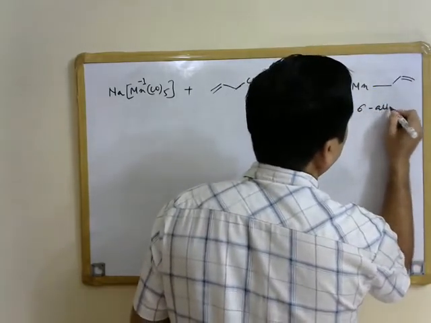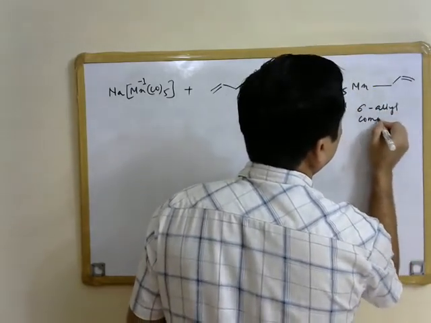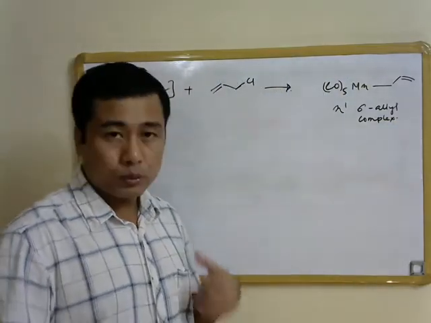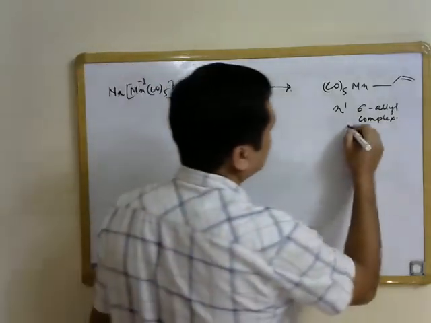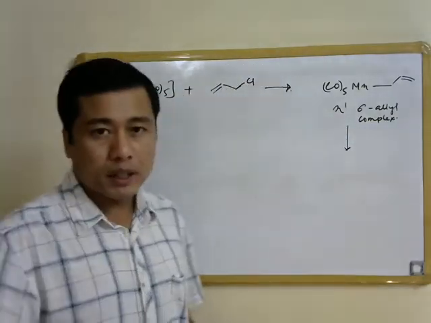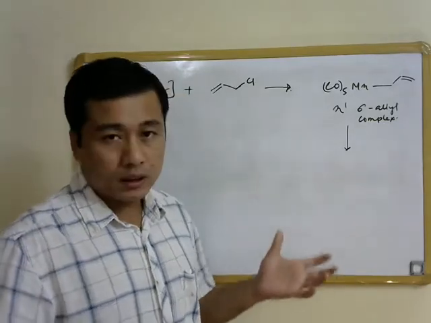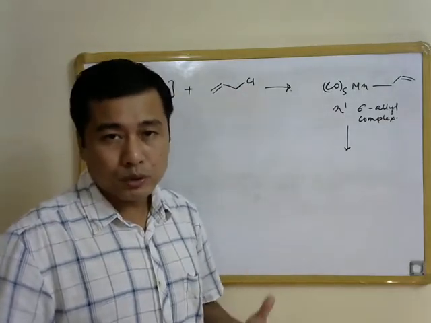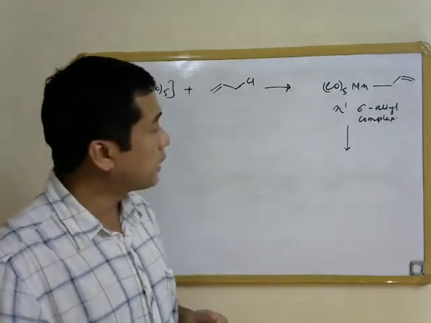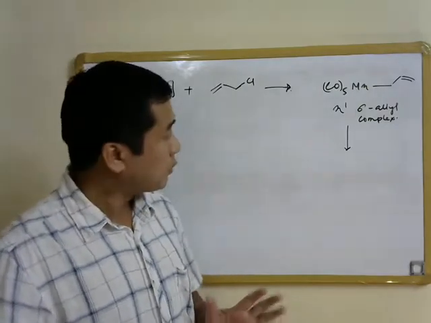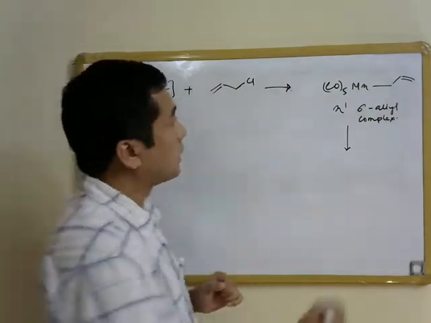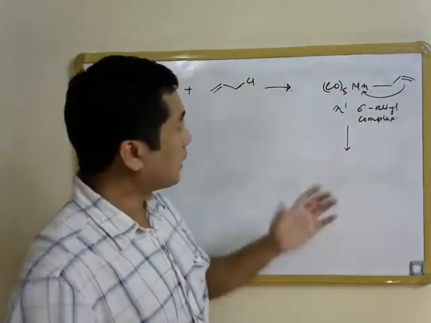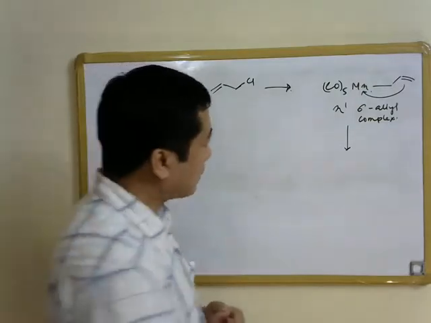Now, such complexes may undergo rearrangement from sigma allyl to pi allyl complexes, and this can be triggered by heating this intermediate complex, or even by photoirradiation of this intermediate complex over here, which will release one of the carbonyl groups as the pi cloud of the allyl ligand comes and attacks the metal center. One of the carbonyl ligands has to be released.